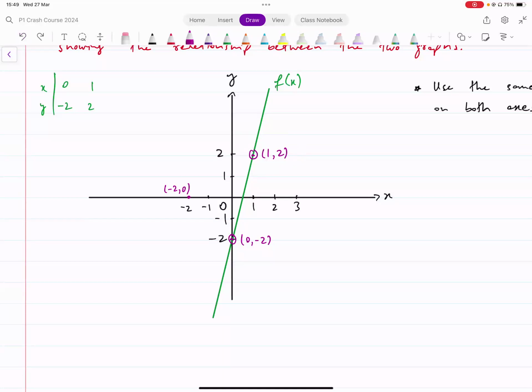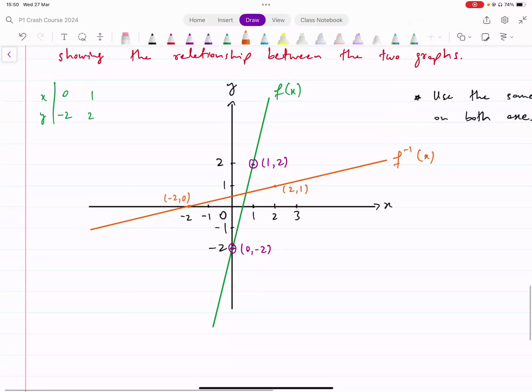It becomes 2, 1, and that's this point. This is going to be a point that lies on the inverse function. And now you can draw the graph of the inverse function like this as well. It's going to look like this. Without actually finding the function, you can draw the graph like this. This is the graph of f inverse of x. This is how the graph of f of x and f inverse of x looks.